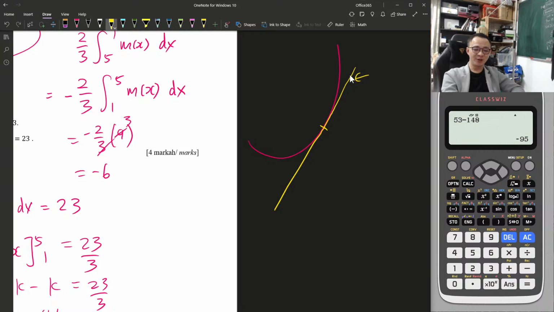So this equation we call tangent. So gradient of tangent is the gradient for that yellow color line, what is the m here? So we know at the point A itself, the gradient of tangent is the same as dy dx, only at the point A. Yeah, this is a short answer for gradient of tangent.